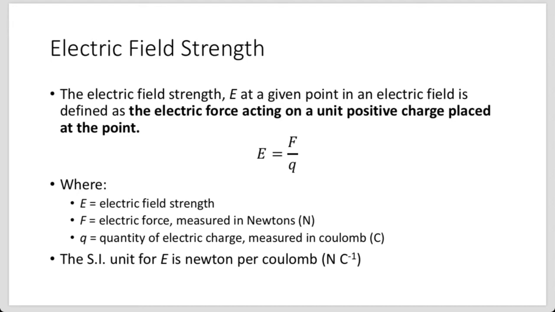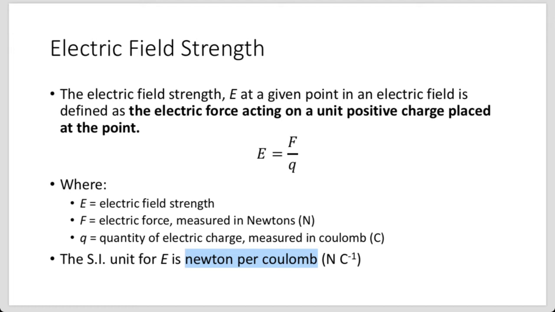All right. So the SI unit for electric field strength, as I talked about just now, is Newton per Coulomb. In other words, for every Coulomb, how many newtons of force is happening?